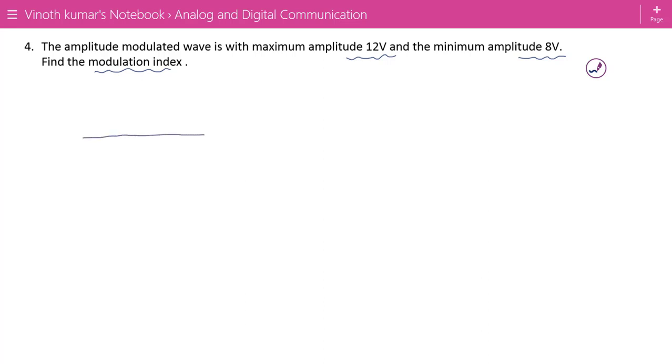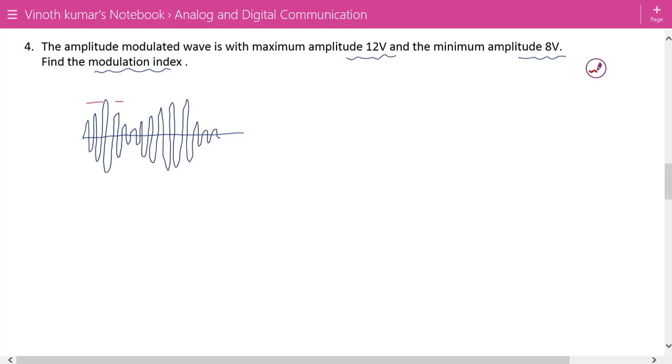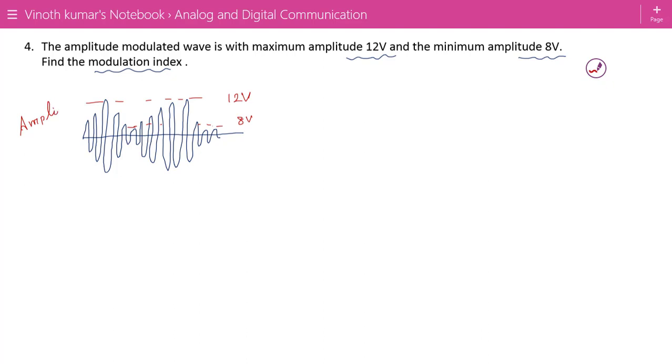On the axis, the maximum value given here is 12 volts, and the minimum value given here is 8 volts. So this is the amplitude modulated wave, and we can write this as A maximum.